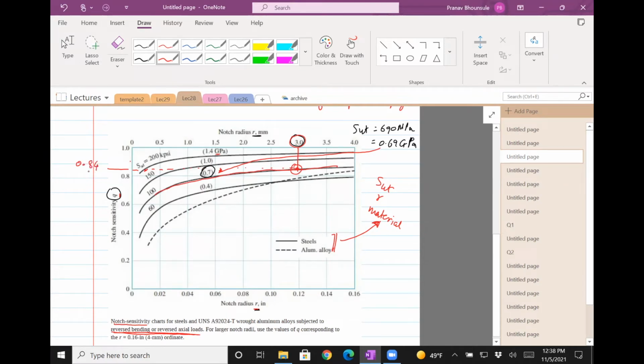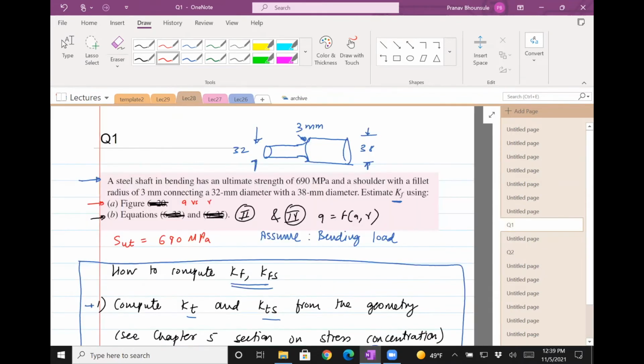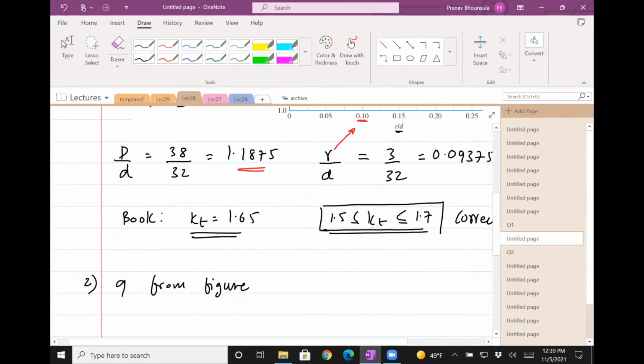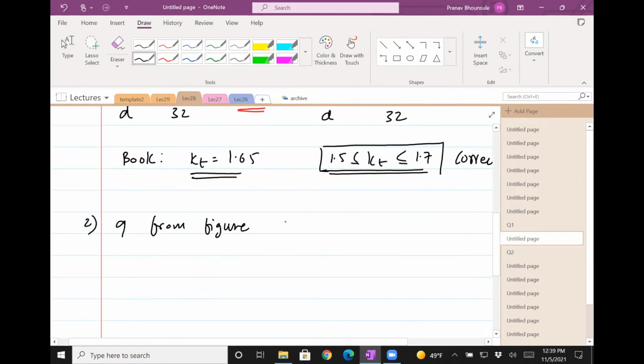The book says 0.84, but 0.85 is absolutely right. Anything in the range of, let's say, 0.8 to 0.9 you take, you should be fine. I'm just going to take the book value and proceed. So Q equals 0.84.